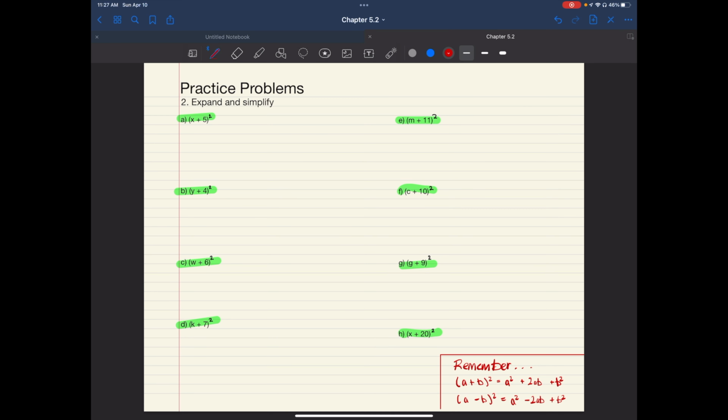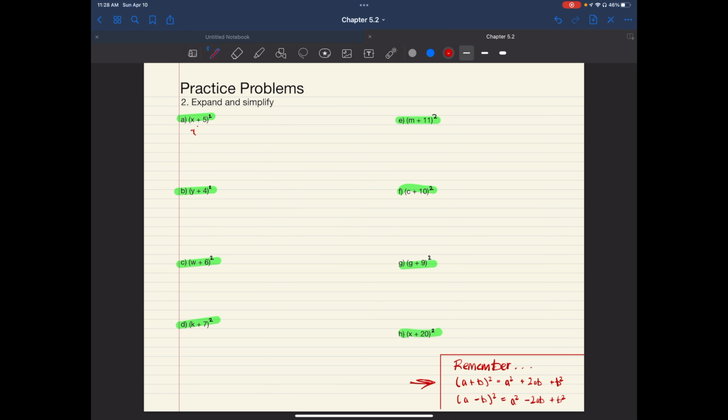Expand and simplify. So now it's important to remember this rule down here. This is going to help us go a little quicker with this. So x plus 5 squared. If we look down here to the bottom right corner, a plus b squared equals a squared plus 2ab plus b squared. So the first one we'll do without using the shortcut. The rest we'll use a shortcut.